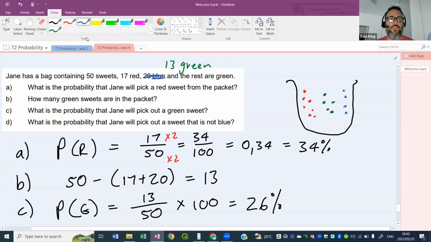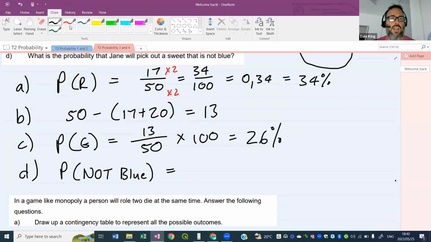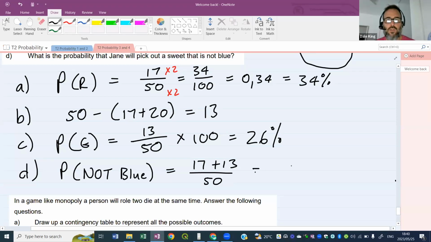We want everything else. So everything else is red and green. The red ones are 17 and the green ones are 13. So it's the probability of getting these ones, not the blue. Which is 30 out of 50.